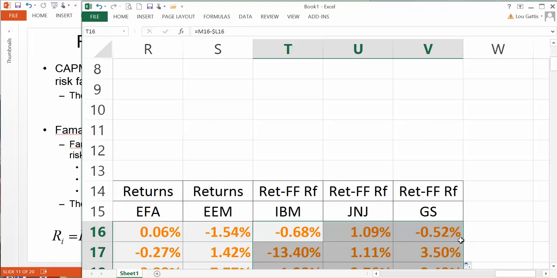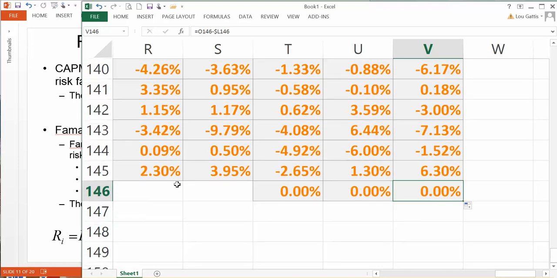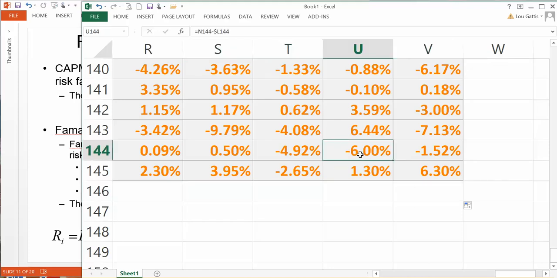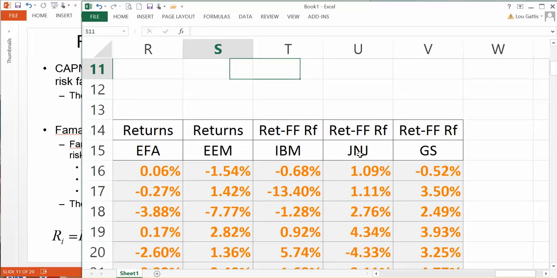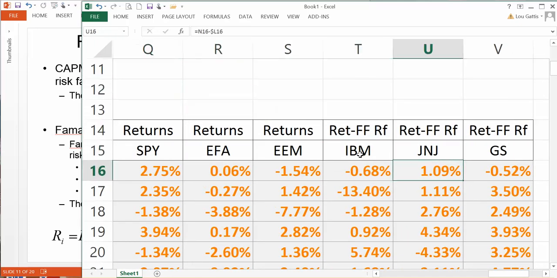And I'll copy that down. Let me go down to the bottom, make sure I don't have to trim some data. Well, it looks like I do need to trim some data off at the bottom. Go back up. So now these are my excess returns of IBM, J&J, and Goldman Sachs.